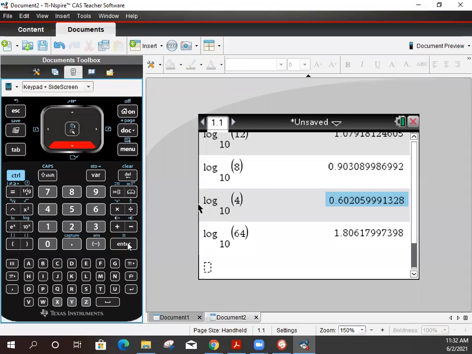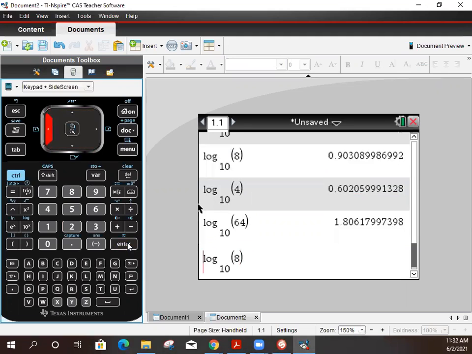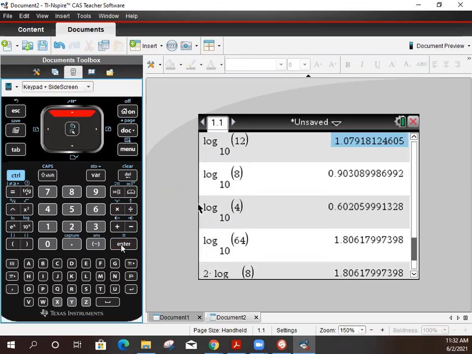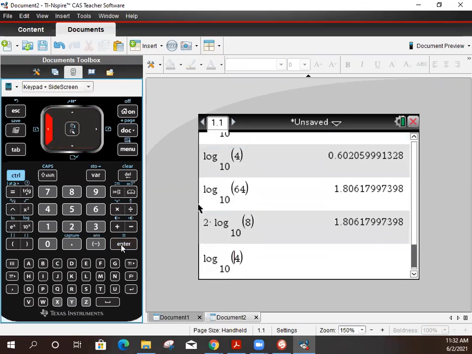So the 3, if you look at this number and this number, 0.6 goes into 1.8 3 times. So the log of 64 is going to equal 2 times the log of 8 base 10, and also 3 times the log of 4 base 10.